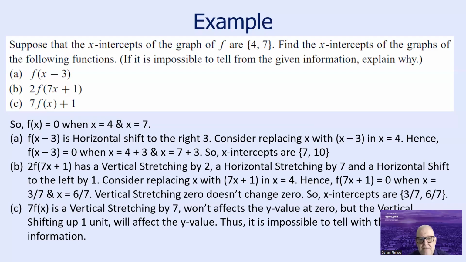So we say, okay, let's replace our x in 7x plus 1 with the 4. We set it equal to 0 again. When we solve this, we would have that x is equal to 3/7. And when we do it with 7, we would have that x is equal to 6/7. Again, the vertical stretching doesn't change anything, but both the horizontal stretch and the horizontal shift do.